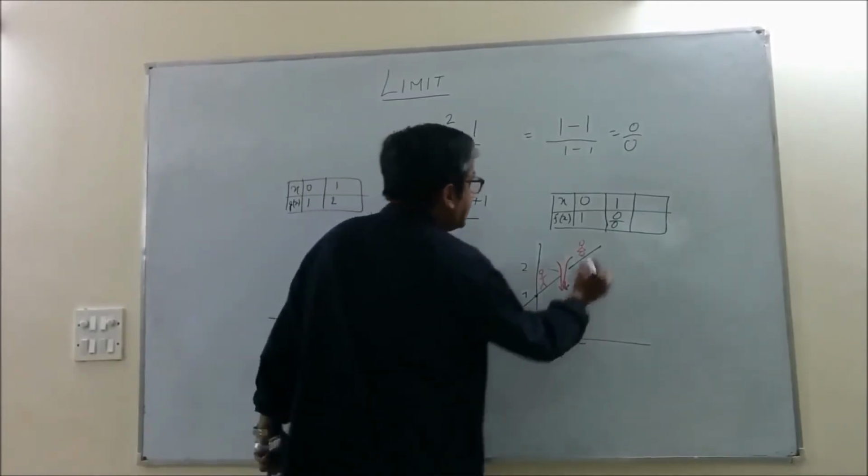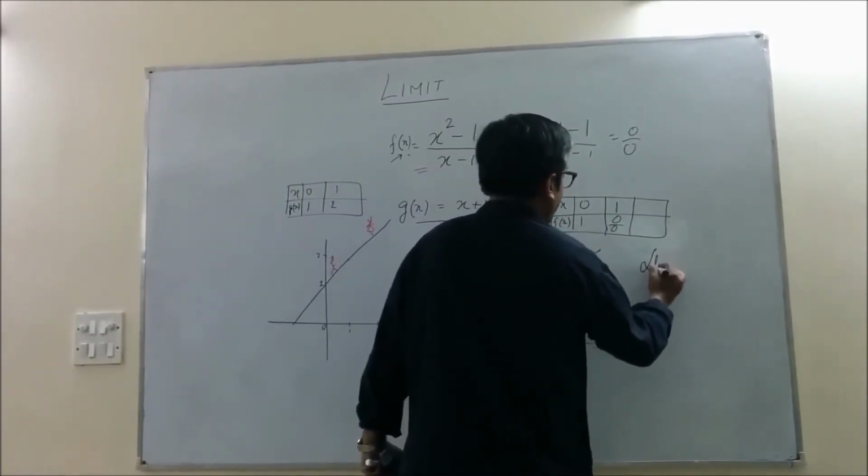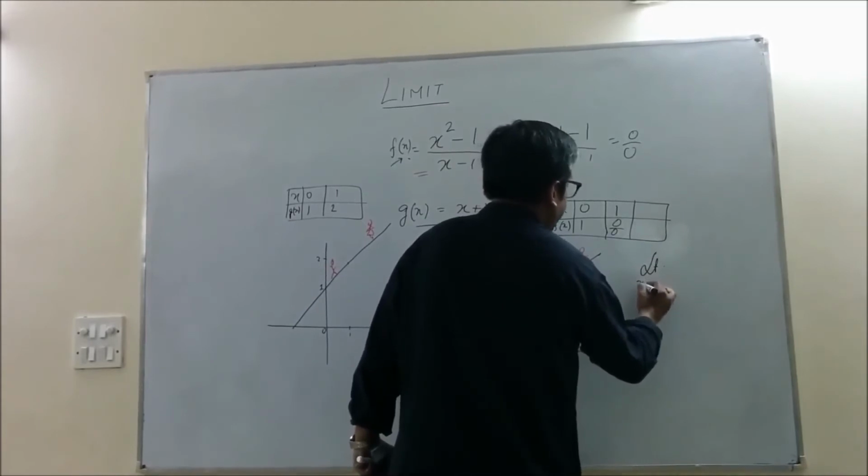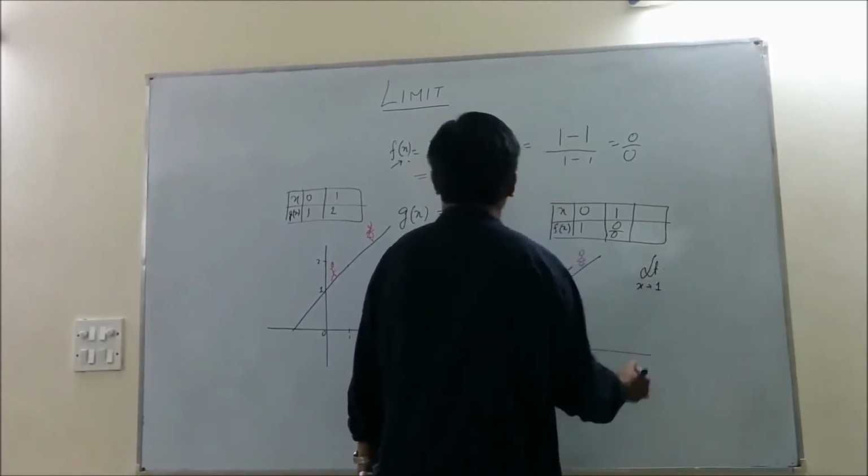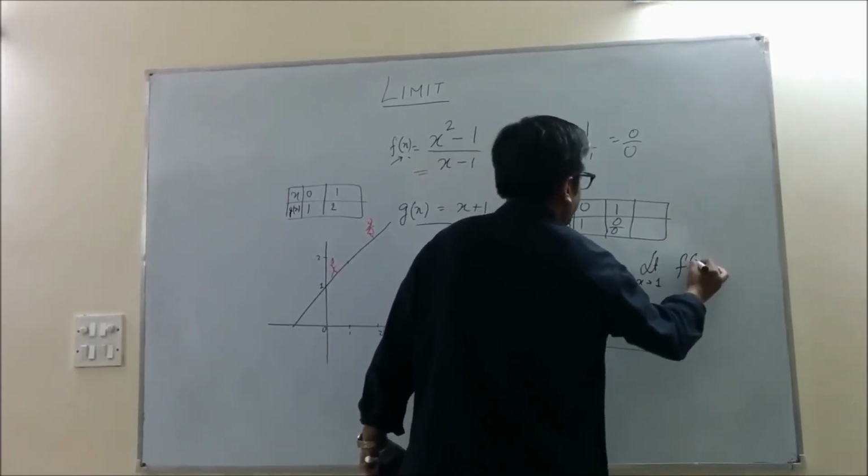As x tends to 1, we write this as limit. As x tends to 1, what is the value of this function f of x?